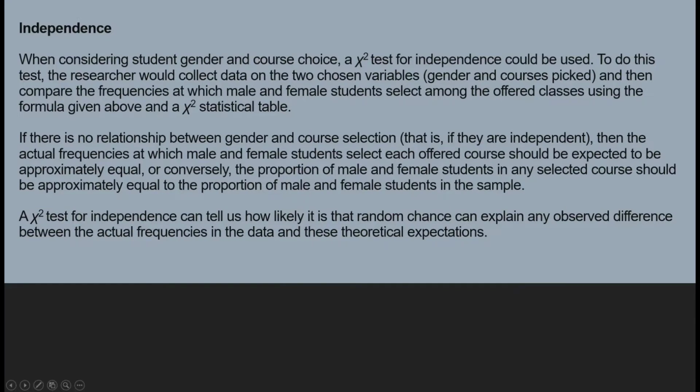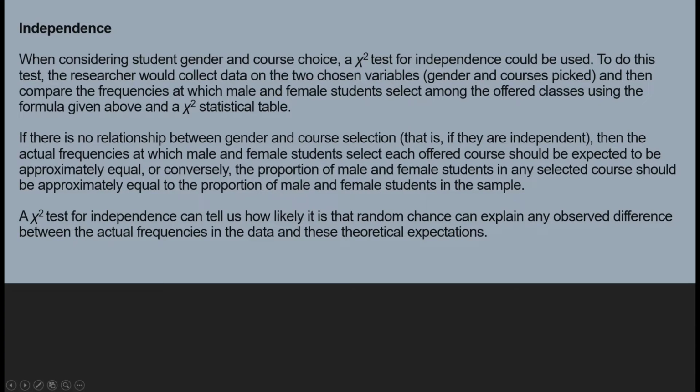When considering student gender and course choice, an x-squared test for independence could be used. To do this test, the researcher would collect data on the two chosen variables, gender and courses picked, and then compare the frequencies at which male and female students select among the offered classes using the formula given above in an x-squared statistical table.